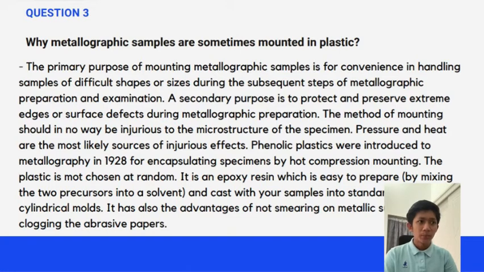A secondary purpose is to protect and preserve extreme edge or surface defects during metallographic preparation. The method of mounting should in no way be injurious to the microstructure of the specimen. Pressure and heat are the most likely sources of injurious effect.